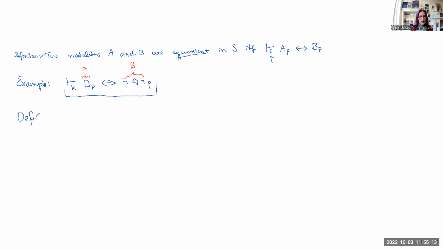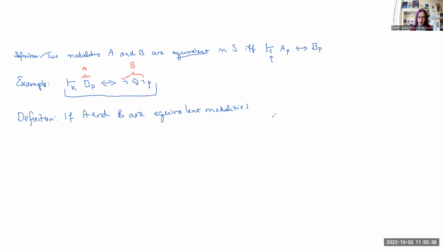So here is our second definition. It says if A and B are equivalent modalities, again, in a particular system, but for the most part, we will just leave reference to the system in the background. You just have to remember that this is a system-specific notion.